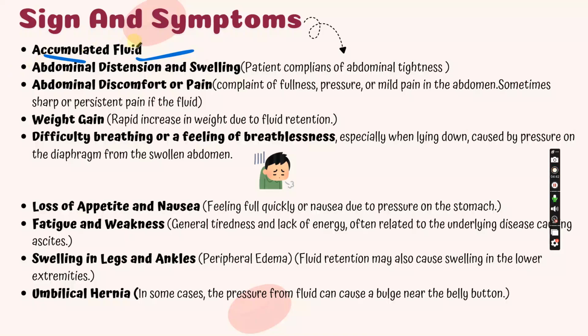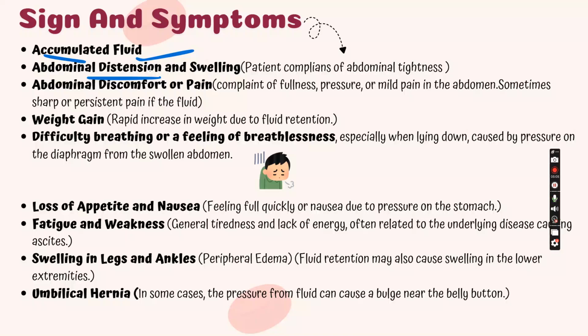First is accumulated fluid, then abdominal distension. What is distension? Whenever any organ gets stretched out, it's known as distension. You can observe it in the bladder: if the bladder gets fully filled up with urine, it leads to bladder distension.